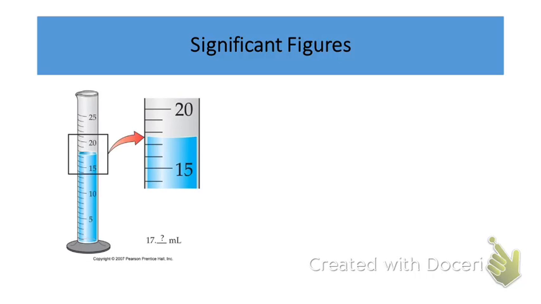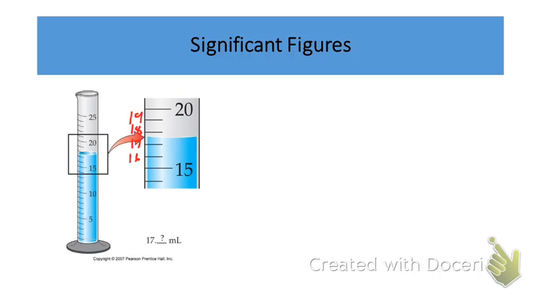Looking at this, it appears our measurement or our volume is in between 15 and 20. And it also looks like we are going up by 1. So we have 15, this hash mark is 16, 17, 18, 19, and then 20. Okay?